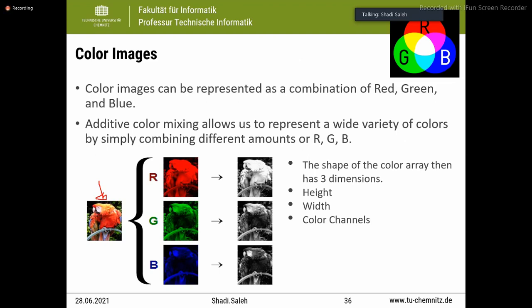Every color channel has the same height and width, and every pixel has a value between 0 and 255. That means I have an image with three dimensions: the first is the width, and this is the height.